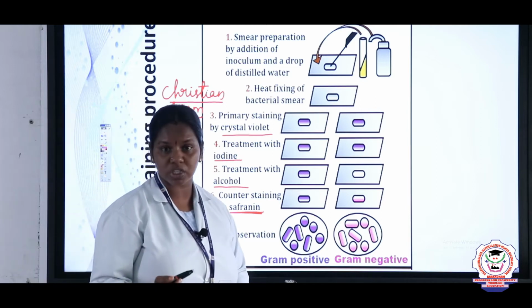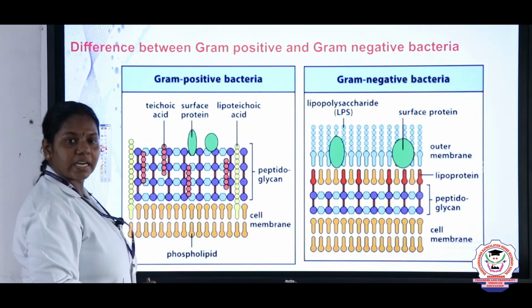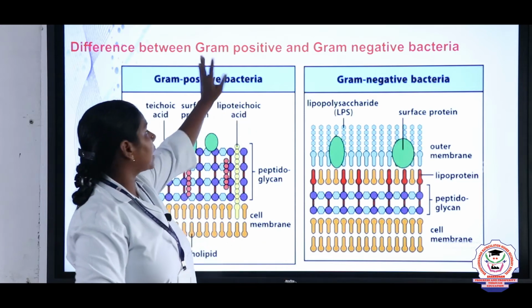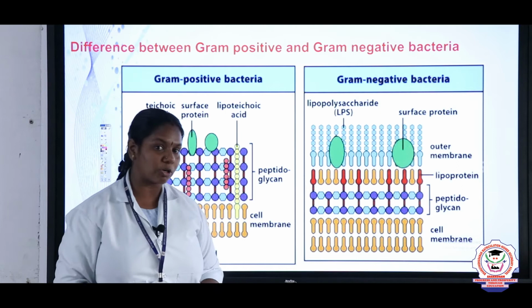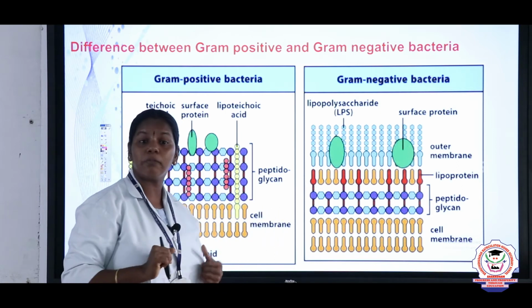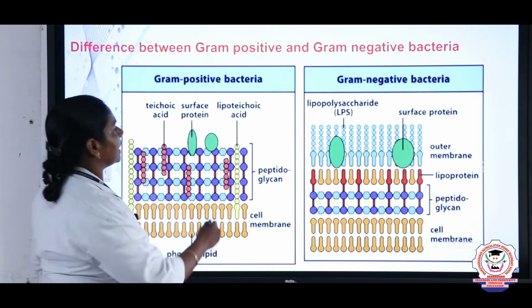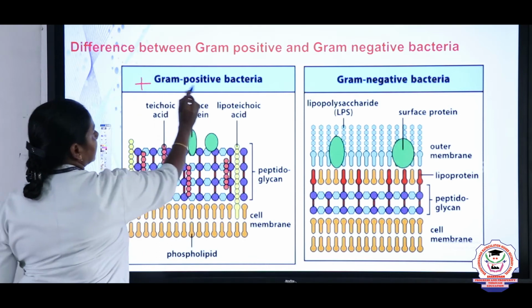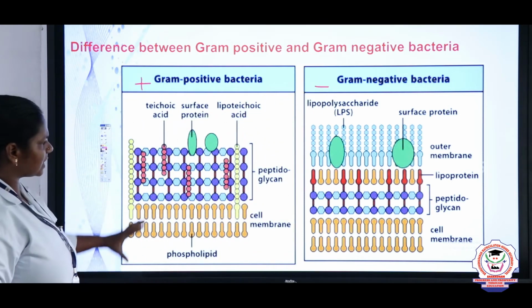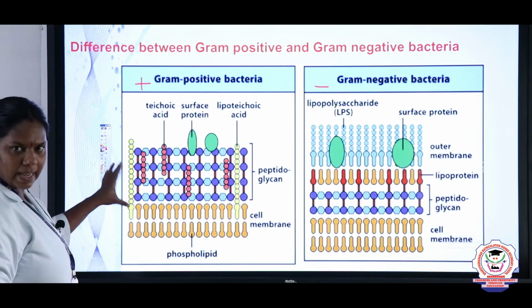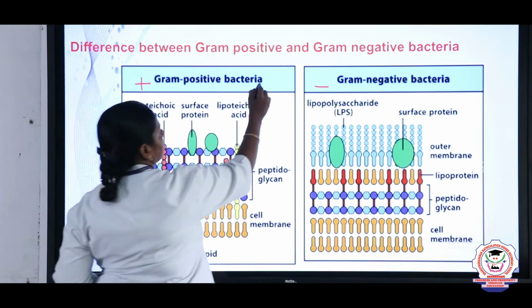It is an important question, children, and now we are going to study the difference between gram positive and gram negative bacteria. In the book it is given as a tabular column, children. So, let us study with the help of the diagram. This is a gram positive bacterium and this is a gram negative bacterium. First we can see it is thick in layer. Gram positive is thick.